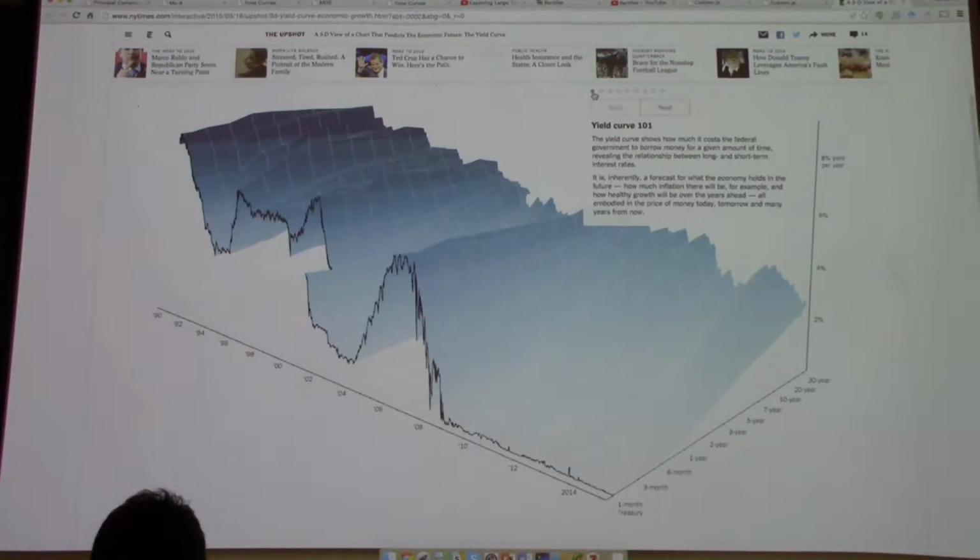As you drag it, the axis labels spin around too, so they're always facing you. This one should be the lowest one.